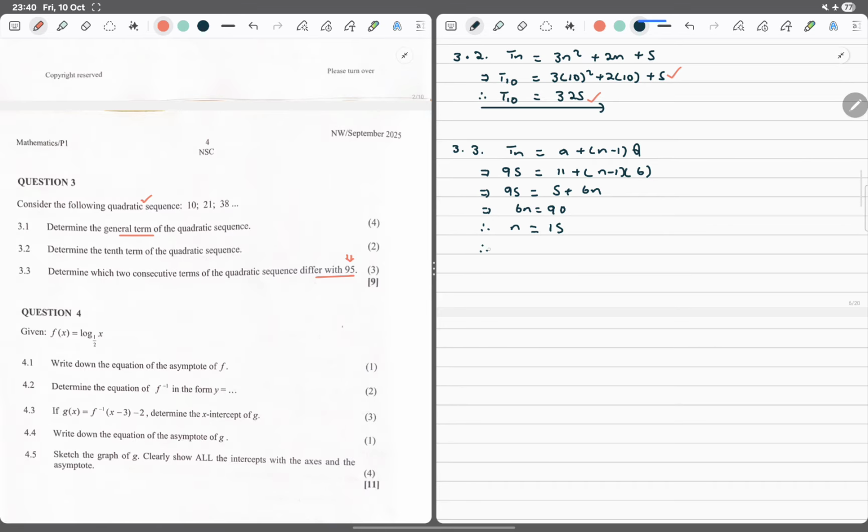Now we can say, therefore, 95 is the difference between term 15 and term 16. Nice and easy. So that's what we needed. So obviously 3 marks, folks. Substitutions here, getting the answer, and probably working out n. This could easily be 2 marks, but 3 marks is fine.